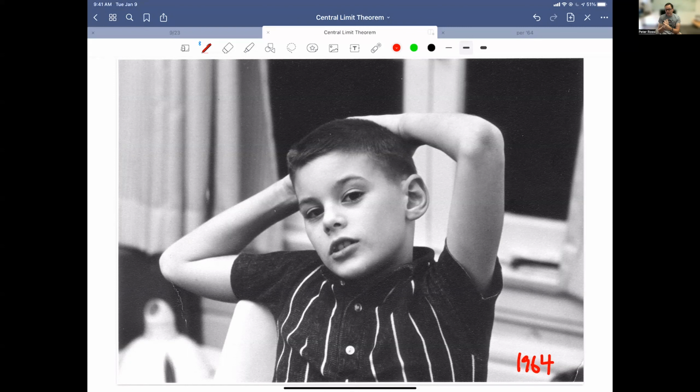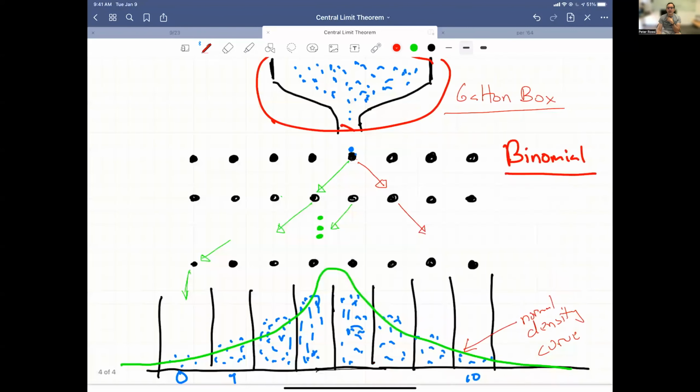Actually, they had the first flight simulator, a physical flight simulator, not an electronic one. And one of the things they had in that exhibit was something that is known as the Galton box. Galton is a famous statistician. These are typically constructed on a wall. At the top of the wall is a bin, and it contains balls.